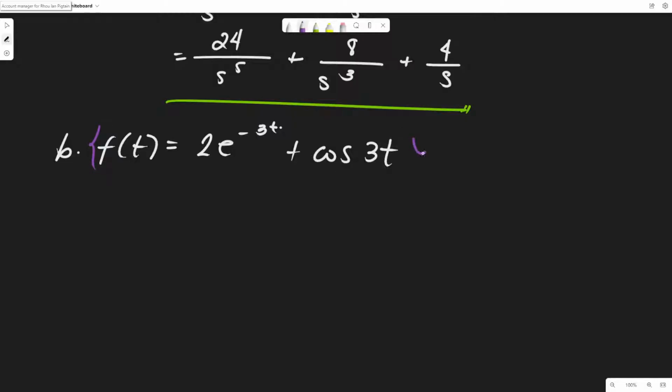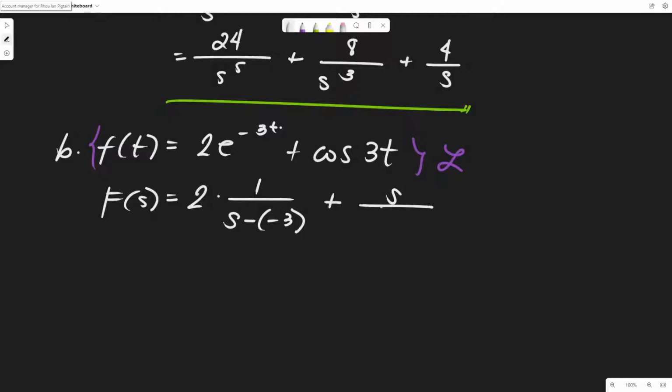Wala naman tayo masisimplify dito. Kunin na lang natin yung Laplace transform. So, we have 2 times, ano ang Laplace transform ng e raised to at? That is 1 over s minus a, sorry, s minus negative 3. Plus, the Laplace transform of cosine at, that is s over s squared plus a squared.